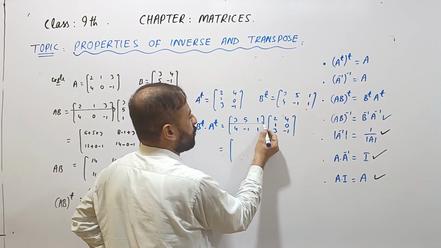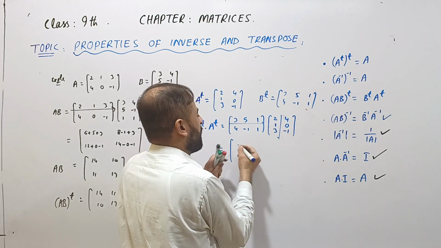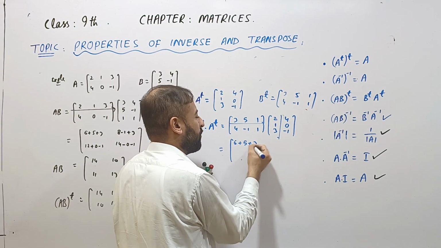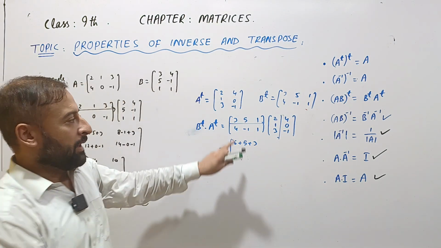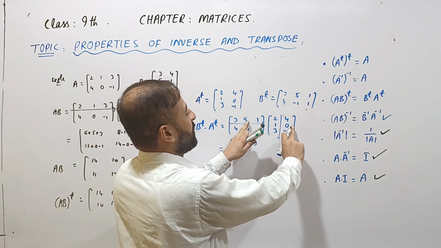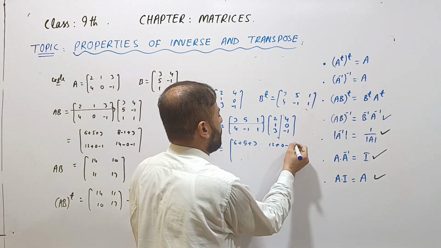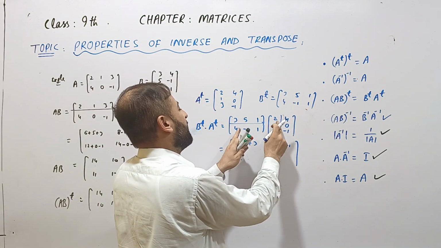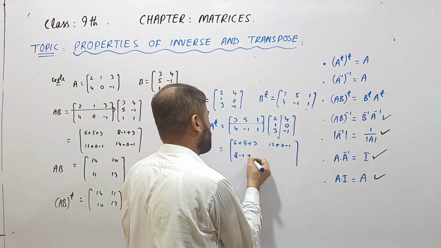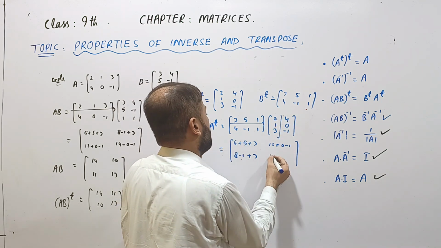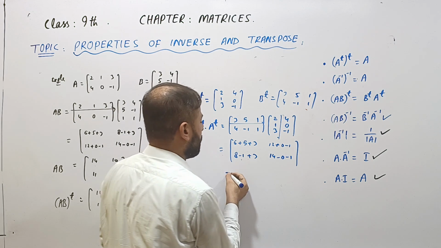Students, multiply first row with first column: 6 plus 5 plus 3. Second row with first column: 12 plus 0 minus 1. First row, second column: 8 minus 1 plus 3. Last one: 14 minus 0 minus 1.